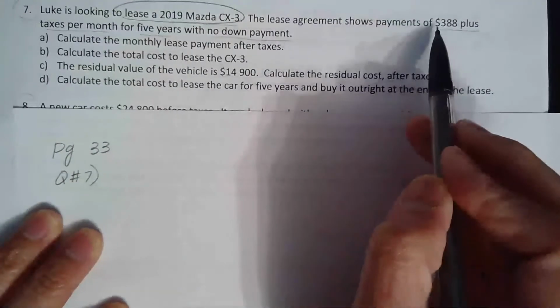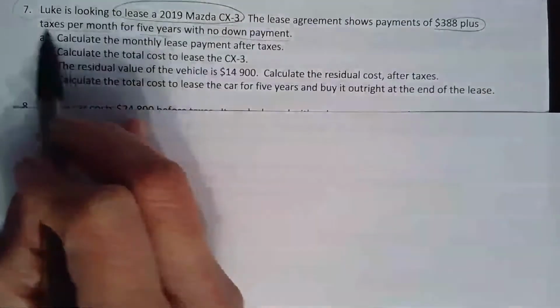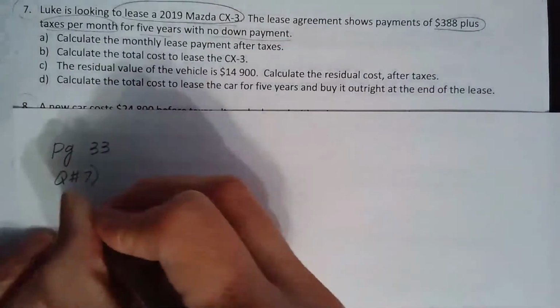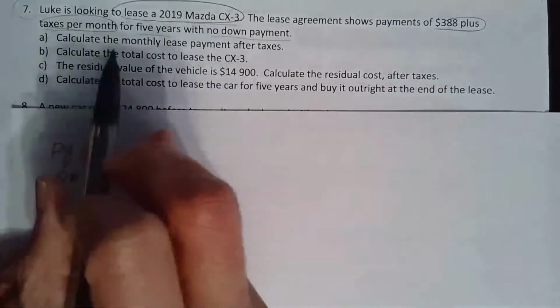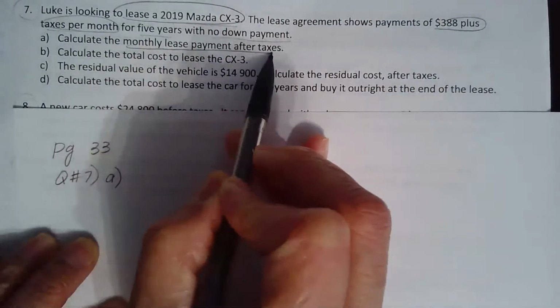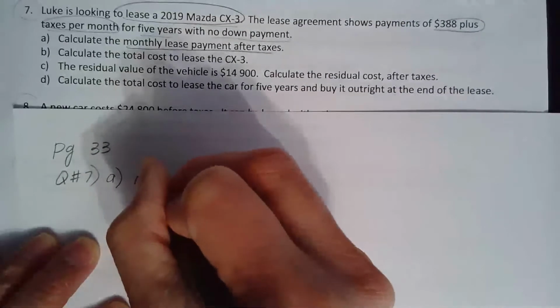The lease agreement shows 388 plus taxes per month for 5 years. Let's do letter A. Calculate the monthly lease after taxes.